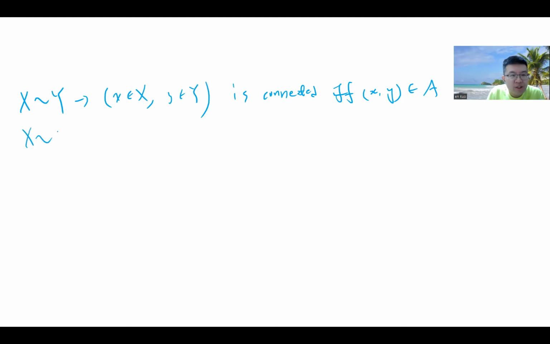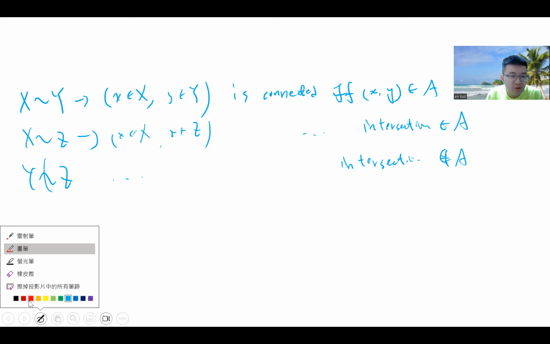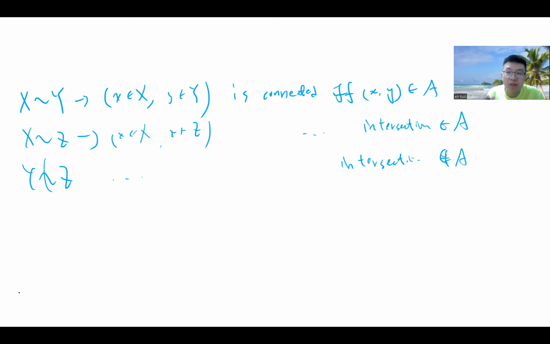And similarly, x and z are connected if their intersection belongs to A. And also for y and z, they are connected if their intersection belongs to A. Okay, so it's clear what the edges are.